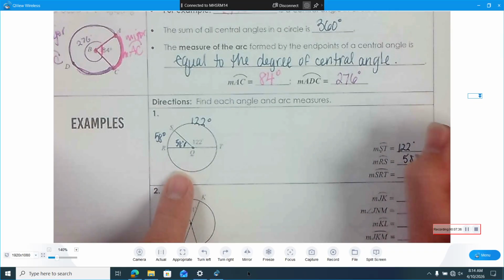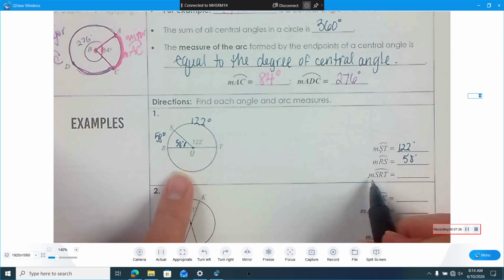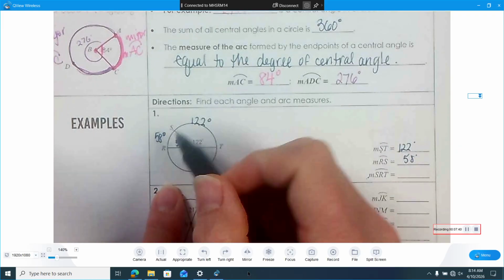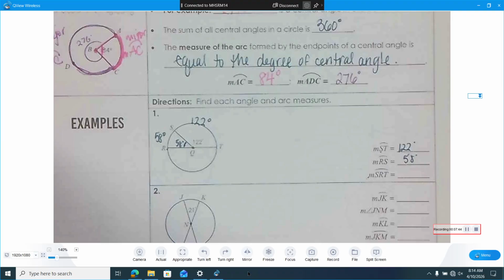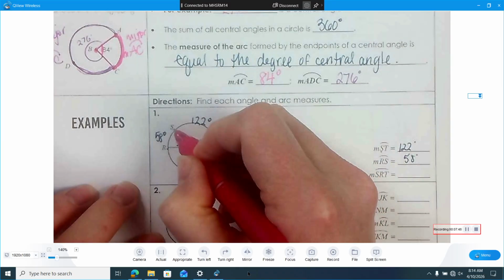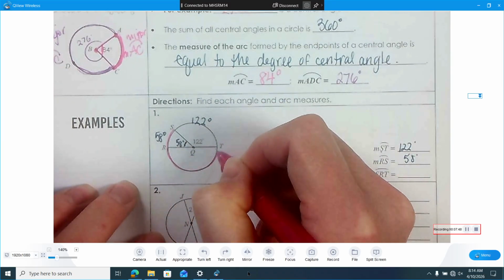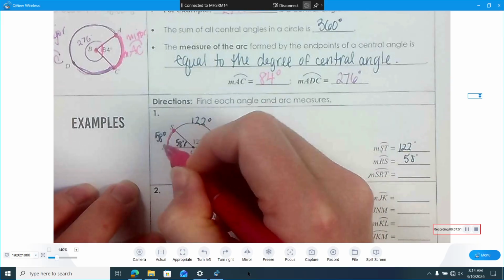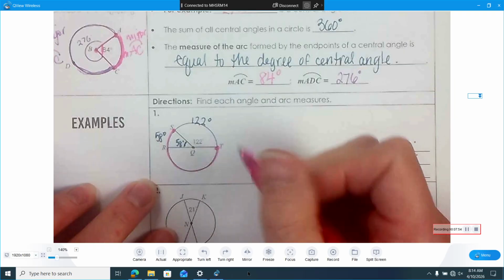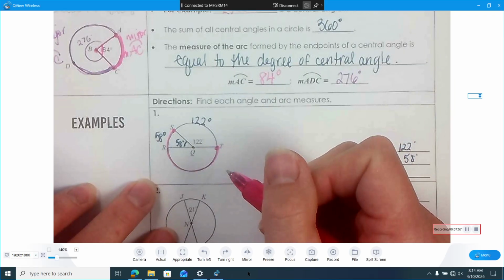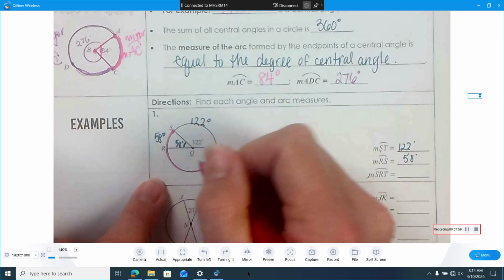Very good. And what is the measure of major arc SRT? Let's see. SRT, that is this arc all the way out here. All right, SRT. Ooh, how do we figure that out? 58. Yeah, very good.